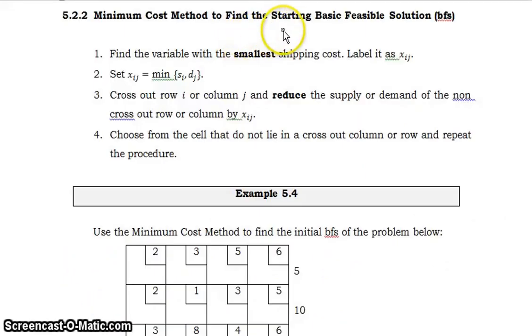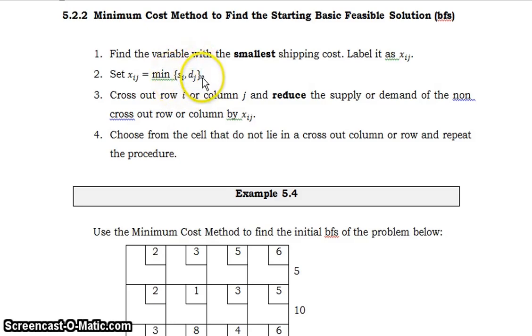The other method that can be used to find the starting basic feasible solution, BFS, or the initial basic variable, is the minimum cost method. The steps in this method are similar to the steps in the northwest corner method. The difference is how to choose the cell. We choose the cell with the smallest shipping cost. We label the variable xij as the value of either si or dj.